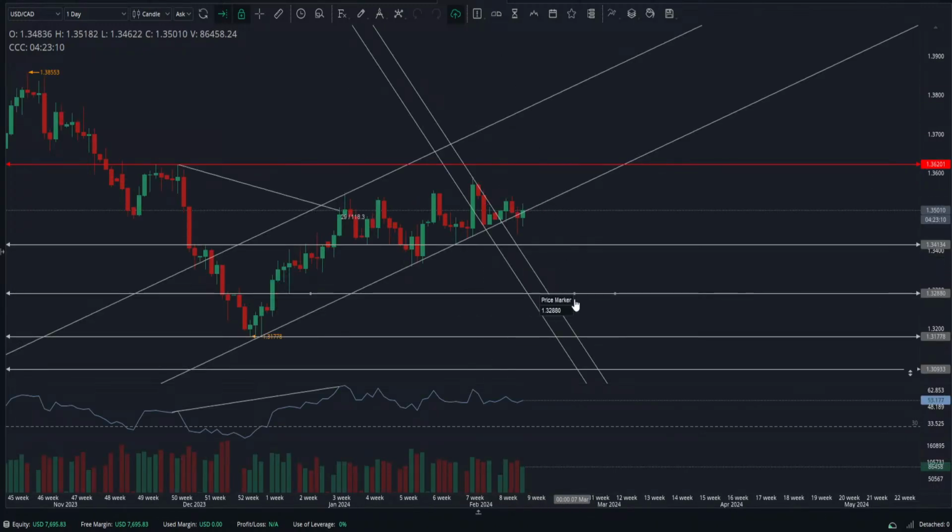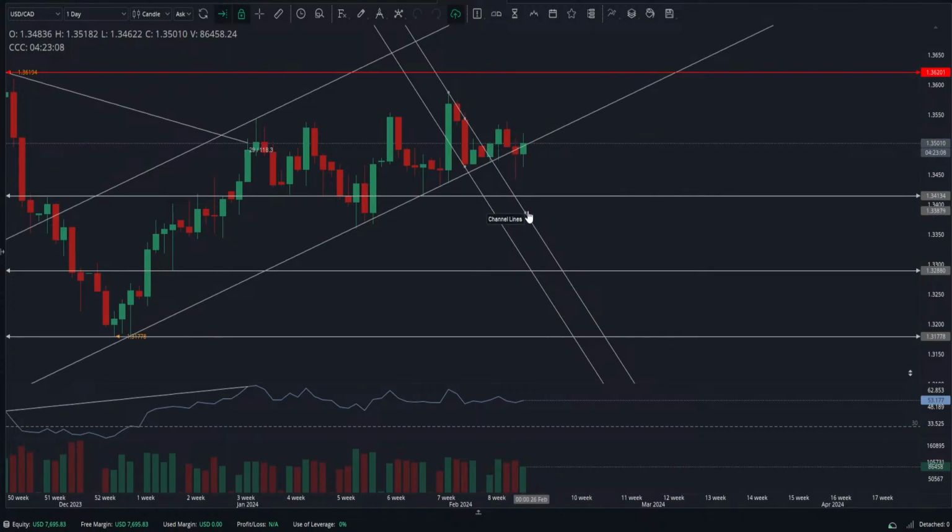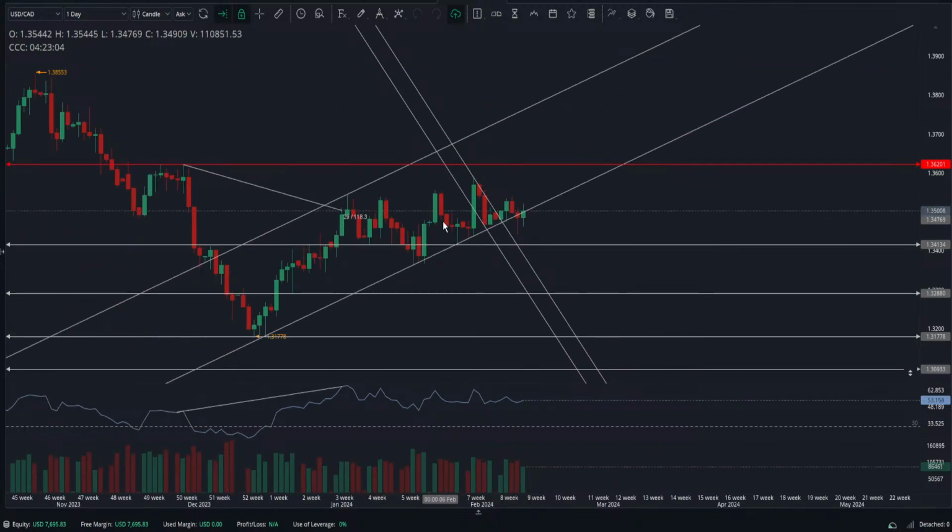USD CAD, well, the price broke through and is now trying to get in. This is still in buying territory. The price can still rise from here. 1.3620, the market structure is intact on the upside. It will not be intact if the price breaks below 1.3413, which I think is not very likely. Let's see how things unfold in this one also.